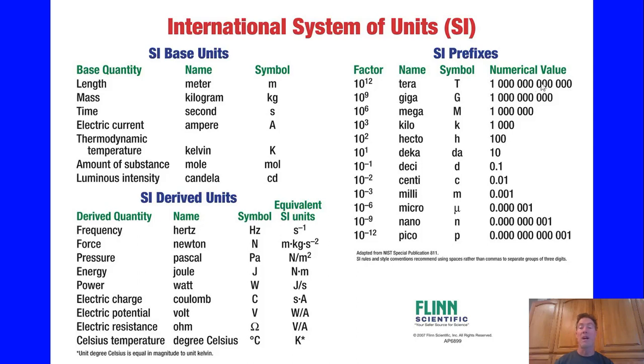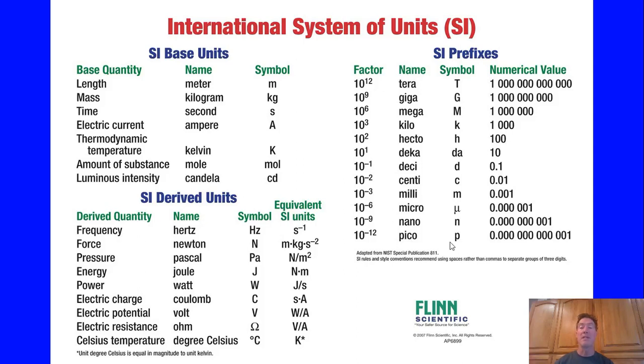So here are the numerical values. We can go from 1 trillion down to 1 trillionth. And so if you know these prefixes, they're the same whether we're talking about meters or kilograms or seconds or anything else. So memorize these prefixes. If you do it now, it will save you a lot of time and frustration in the future.